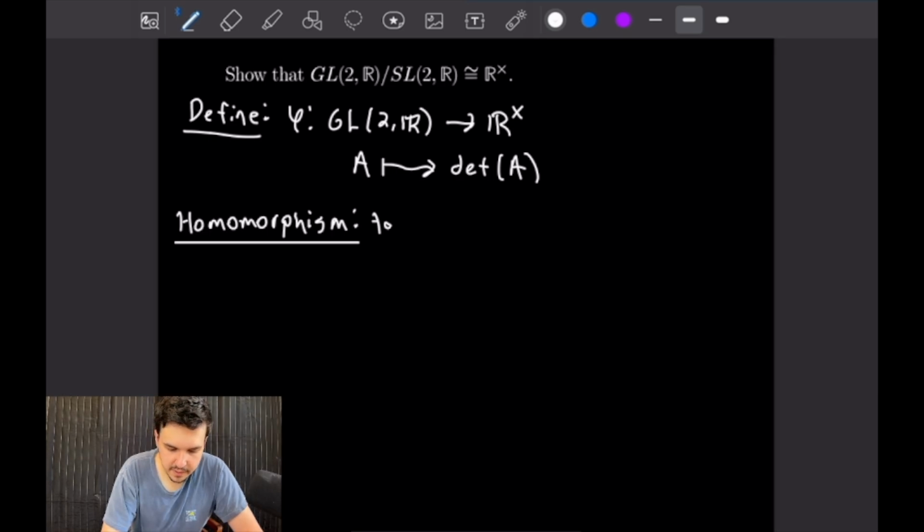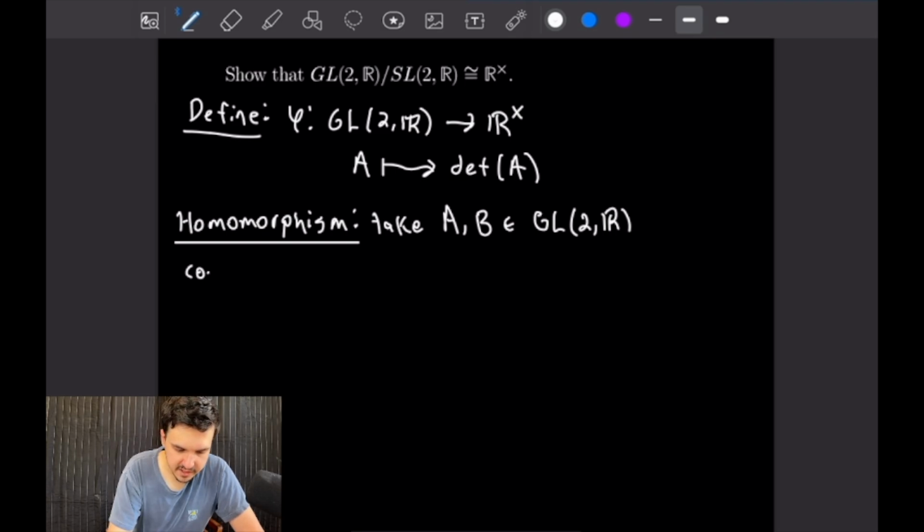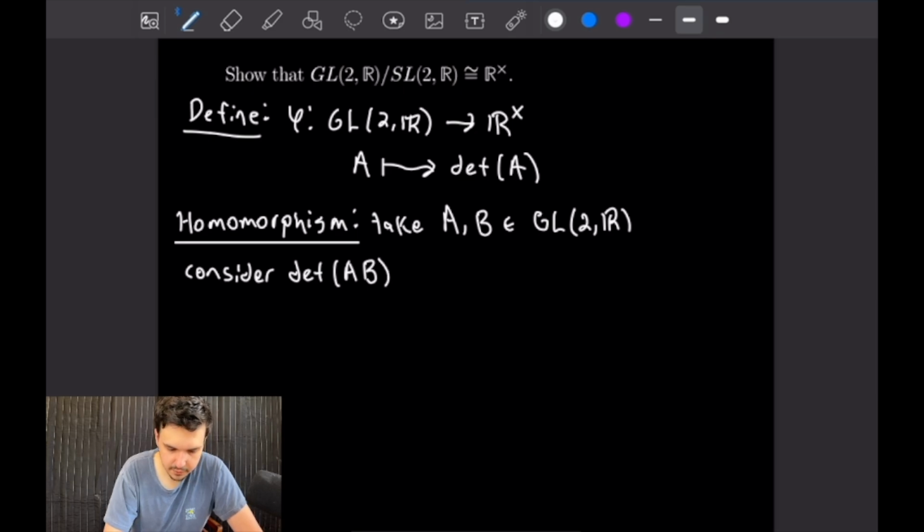And so let's take two arbitrary elements from our domain. Let's just call them A and B. Like I said, those are going to be from our domain, which is GL2(R). And we want to consider the determinant of A times B. Great.